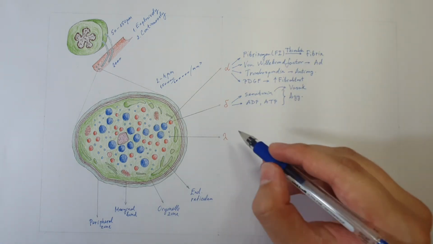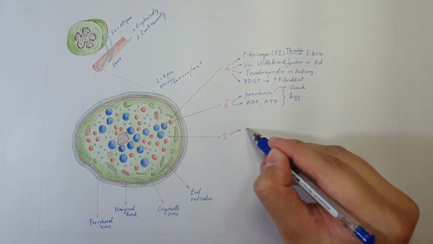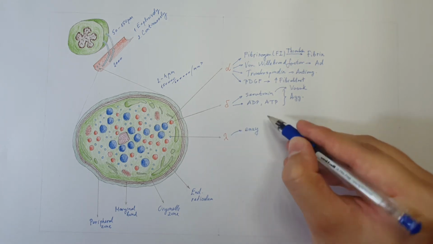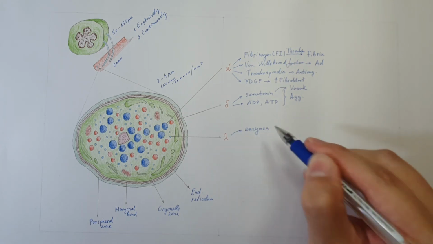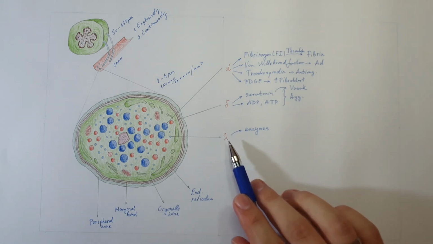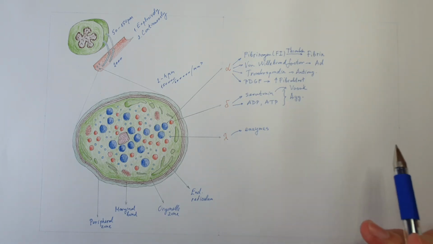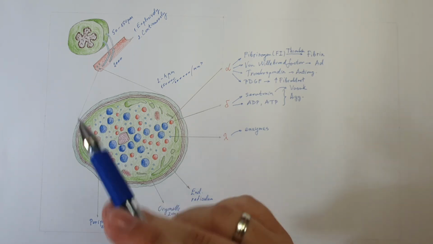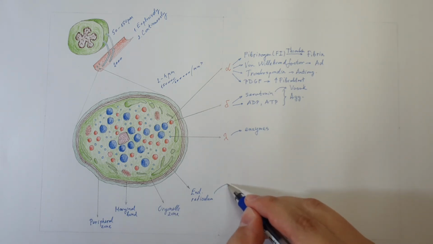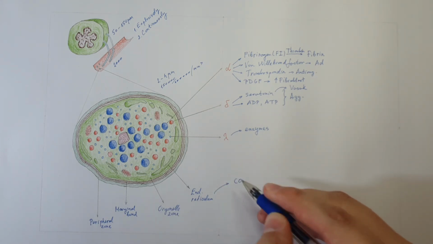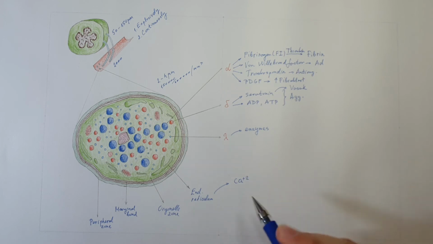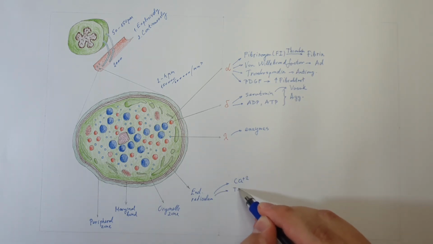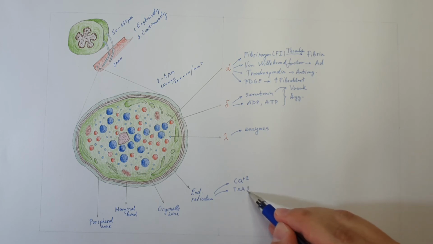Lambda granules have enzymes, and they are regarded as thrombocyte lysosomes. Also, these endoplasmic reticulums that the thrombocytes have from the megakaryocytes have in them calcium ions, and they also produce thromboxane A2.